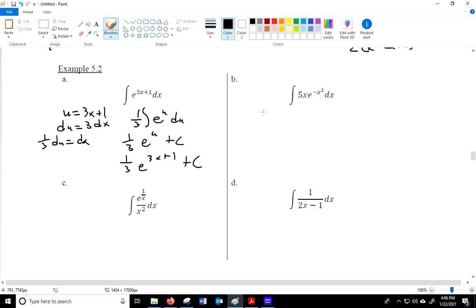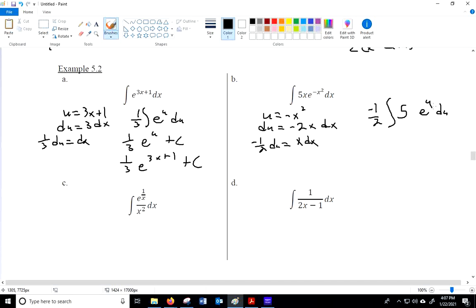All right, let's try the next one. u equals negative x squared. Take the differential, you get du equals negative 2x dx. Now this one here, I can't really easily make it look like 5x dx, so I'm not going to try. I'll just make this a negative 1/2 du equals x dx. So this becomes negative 1/2 times the integral of 5. The x dx became the negative 1/2 du, so that's my du, and then I have e to the u.